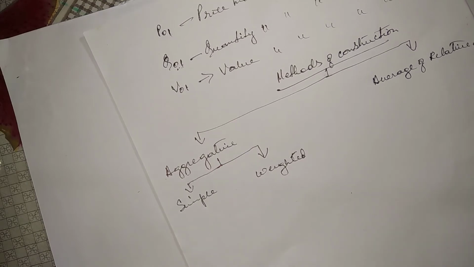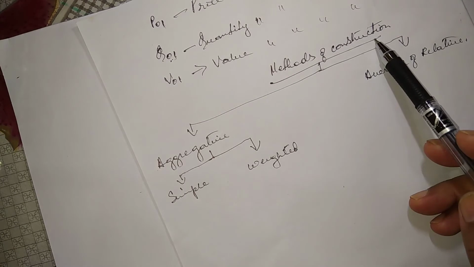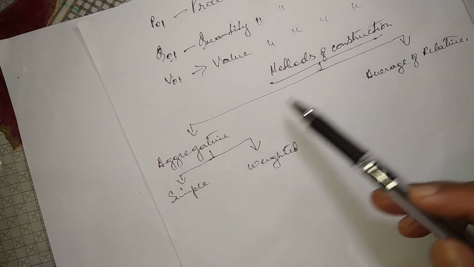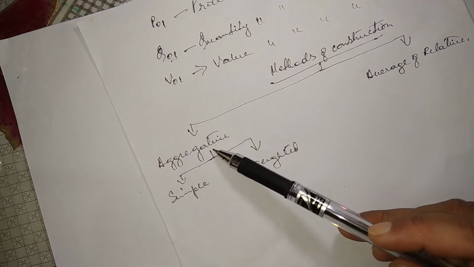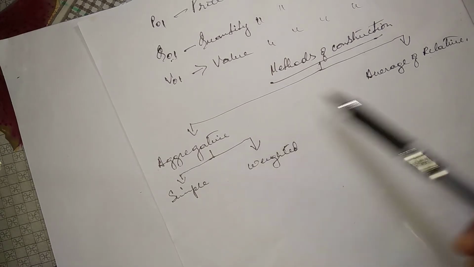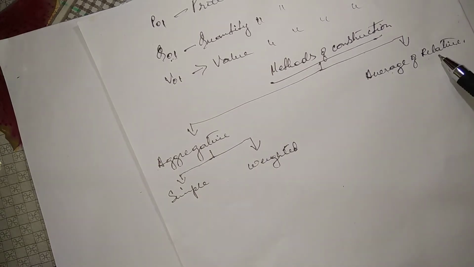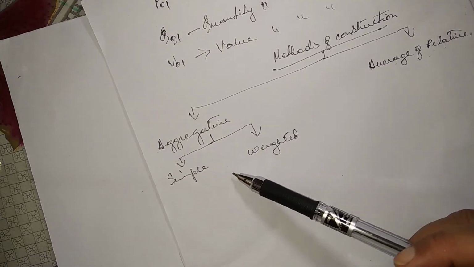So now let us see some of the methods of construction of index number. There are two methods, that is the aggregative method and the average of relative method. Today we will discuss only the aggregative method.